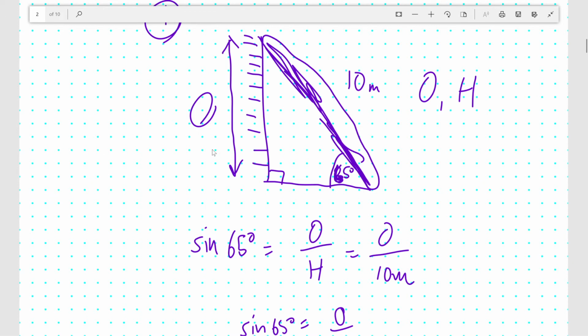So, looking at this triangle here, say you know the hypotenuse is 12, you know this angle is 30 degrees.